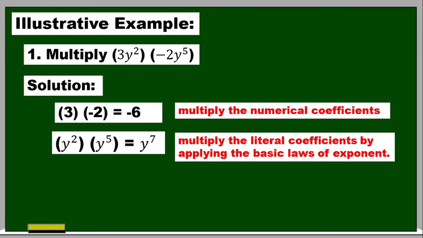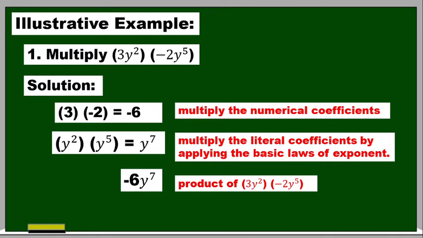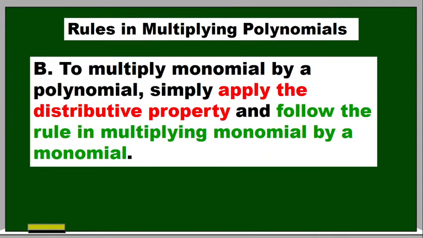So multiplying powers with the same base, if bases are the same, then we need to add the exponents. So that gives y raised to the 7th power. So we have negative 6y raised to the 7th power. This is now the product of quantity 3y squared and negative 2y to the 5th power.